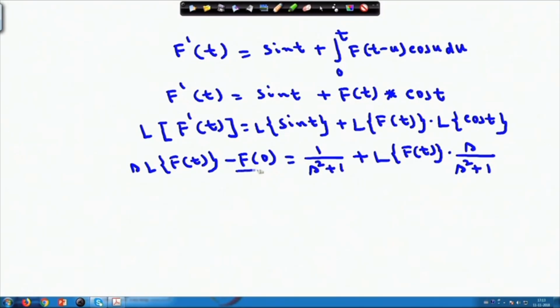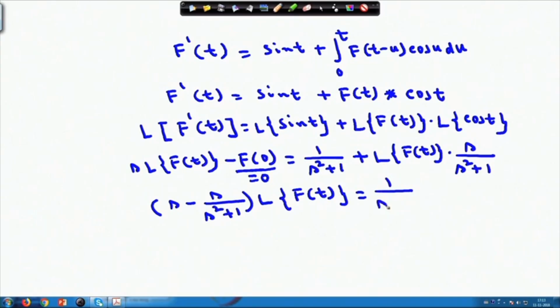And your f(0) is 0, so this value will be equal to 0, it is given to us. Now, if I take the Laplace transform of f(t) common, then I will obtain (s − s by s² + 1) into the Laplace transform of f(t), and this is equal to 1 by s² + 1.